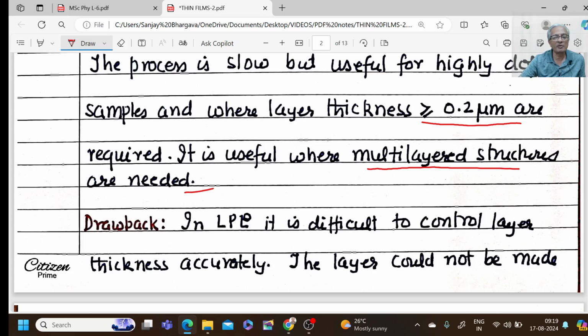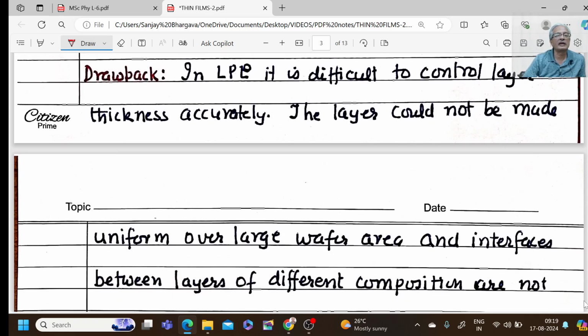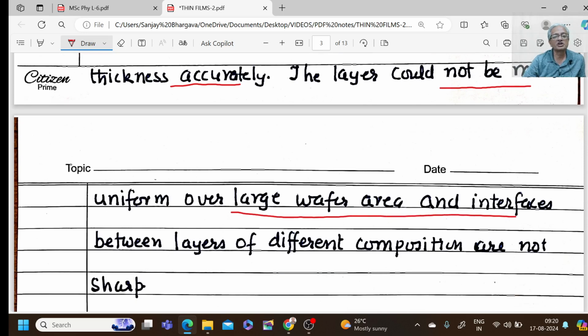What is the major drawback of this technique? In liquid phase epitaxy, it is difficult to control the layer thickness very accurately. So control of the layer thickness is not very precise. The layer could not be made uniform over a large wafer area, and interfaces between layers of different composition are not sharp.